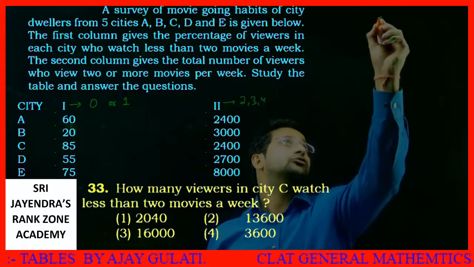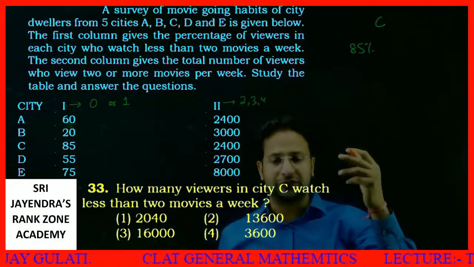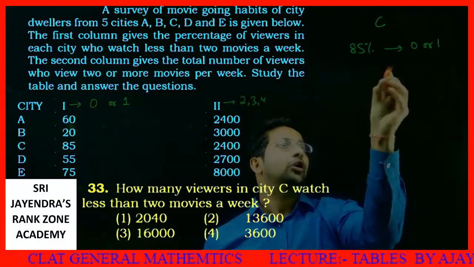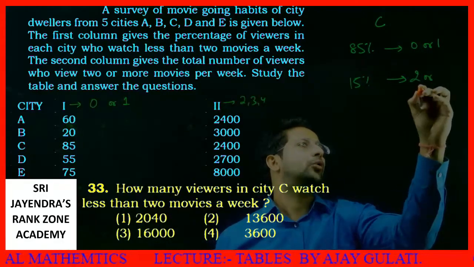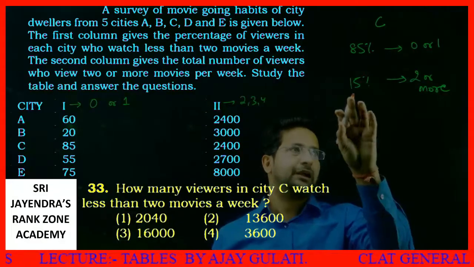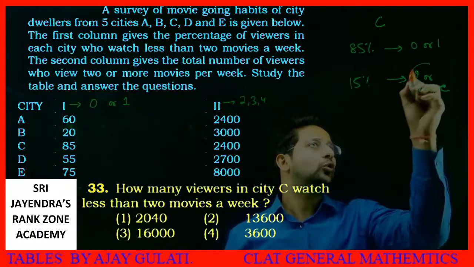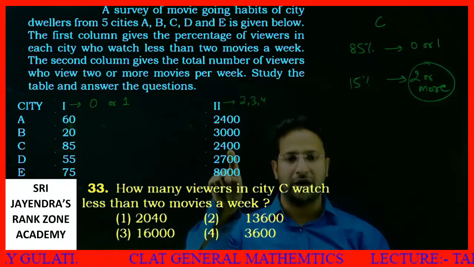We are talking about city C. In city C, 85% watch 0 or 1, so 15% are those who watch 2 or more. Those who watch 2 or more are 2400.